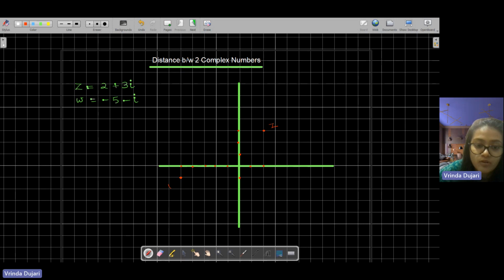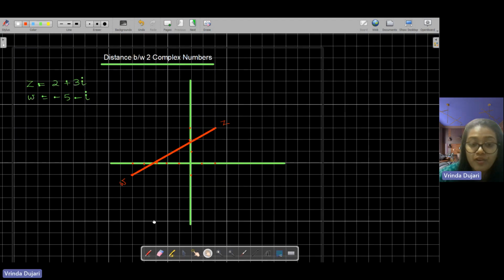And we want to find out what is the distance between W and Z. So first, I'm going to connect these two complex numbers with a line segment, and we are interested in finding out the length of this line segment.